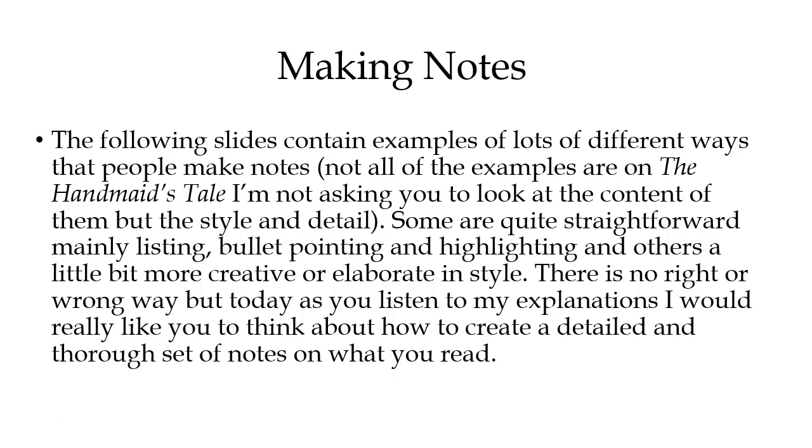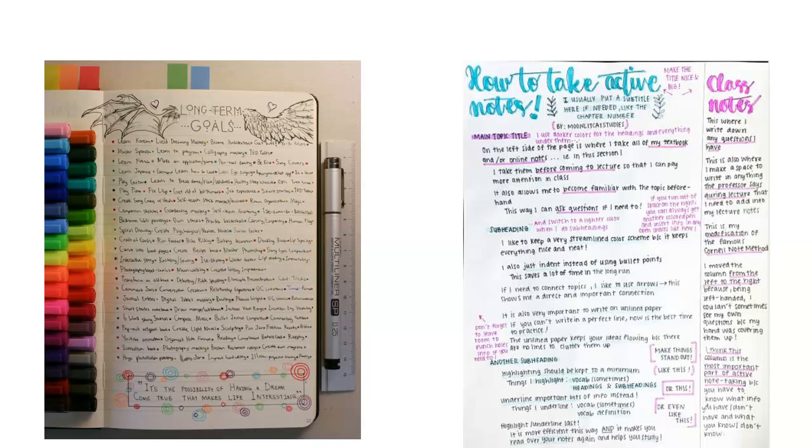But as you listen to my explanations, I'd really like you to think about how to create a detailed and thorough set of notes about what you're reading and what you're being shown. To start off, we've got this left-hand side. We've got just bullet points, but they're fairly detailed, they're fairly ordered, and they're fairly concise. There are one or two pictures there, but mostly it's just bullet points, and that's a fairly effective way to do it.